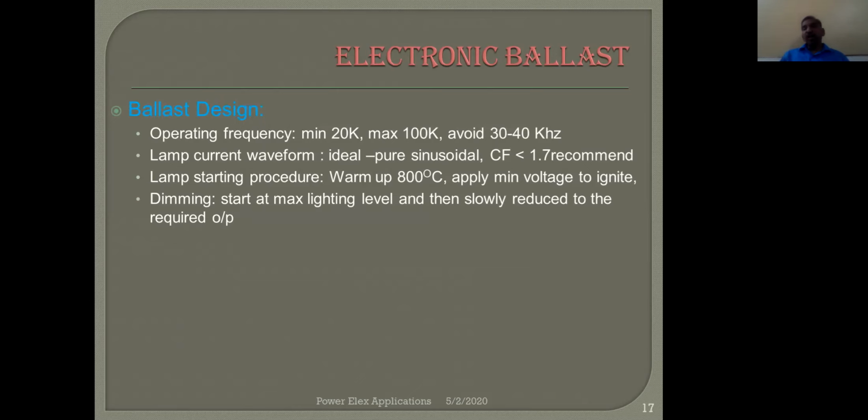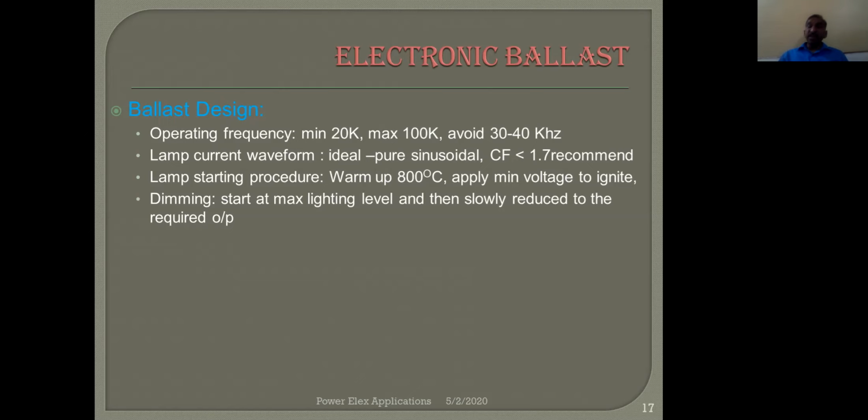Even in that, avoid around 40K frequency because it is used for some other communication purposes. Minimum 20K plus is for the purpose to avoid interference with audio, that is, the discharge sound must not be audible.